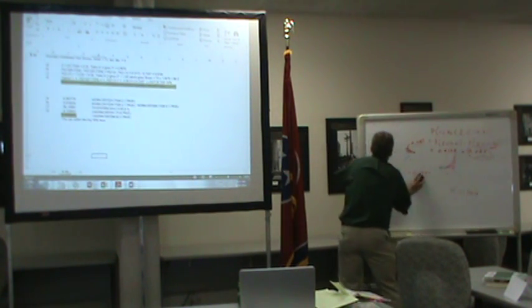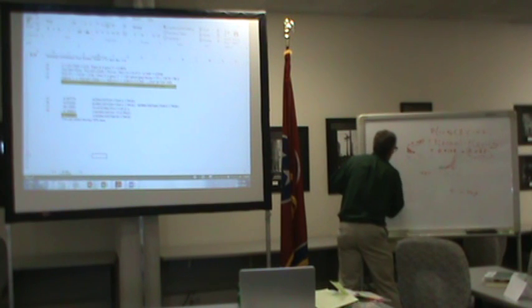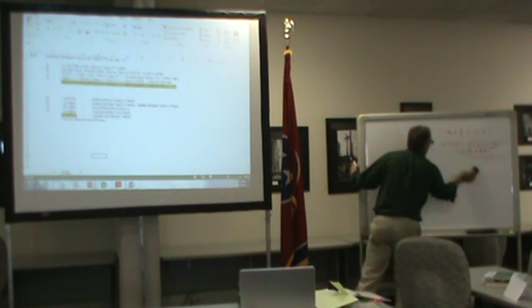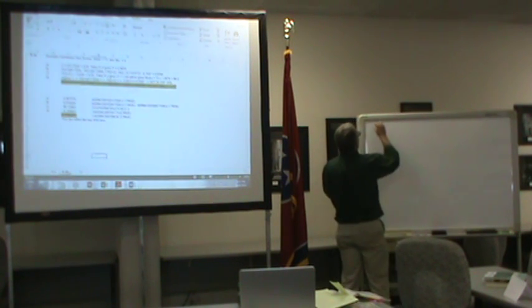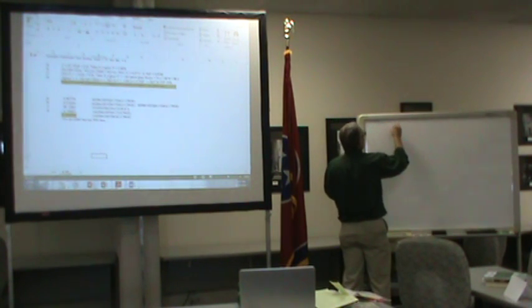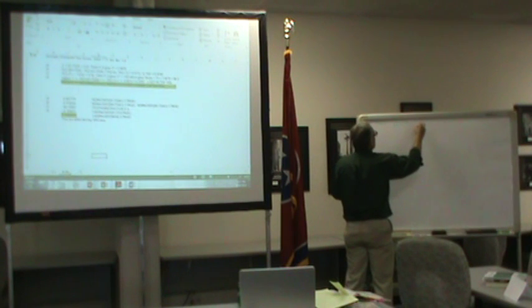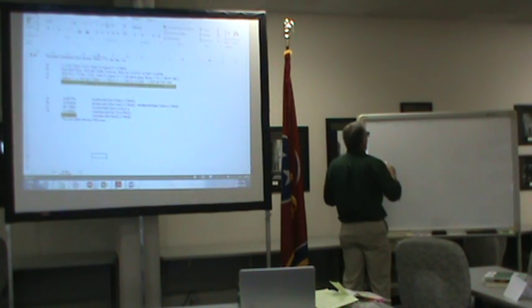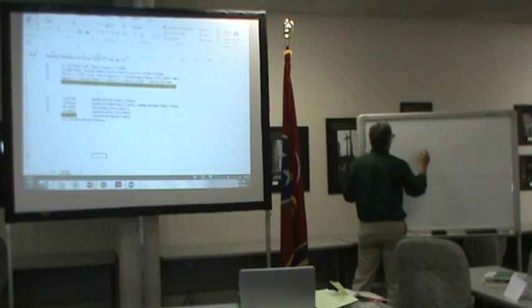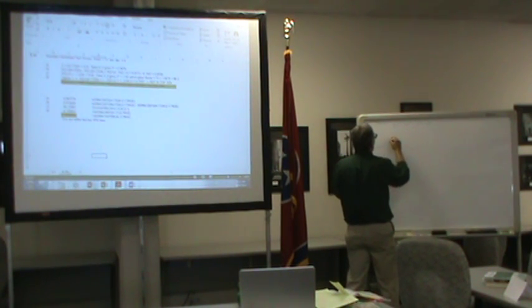So we've got a test. The mean is 73 and the standard deviation is 8. And our first question we're going to ask is, here's our distribution. I'll draw it like the standard one anyway, just because it will look that way.